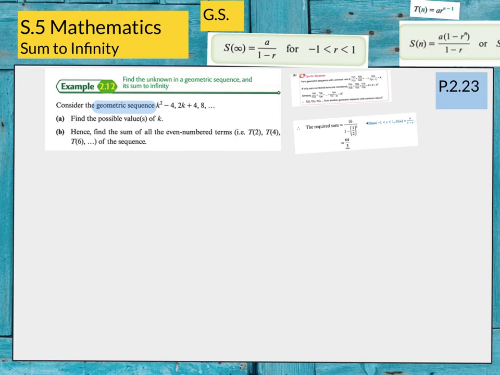In part B, we only consider all the even numbered terms. That means the second term, the fourth term, the sixth term, and so on, and then we find the sum of that. It means this is a new sequence.